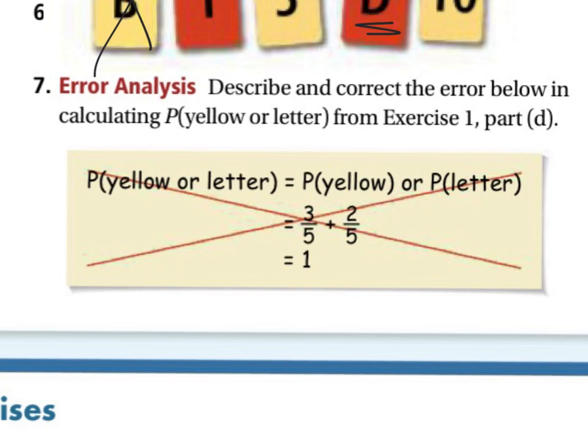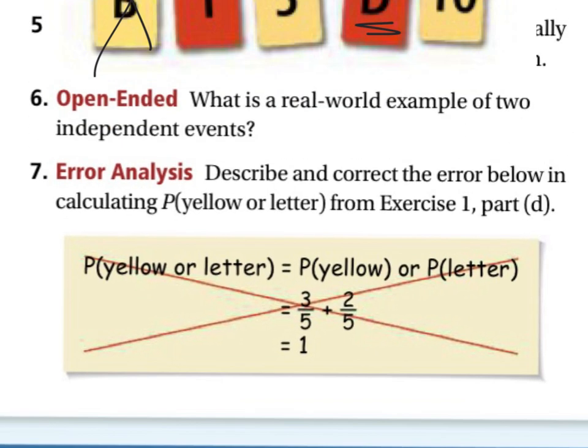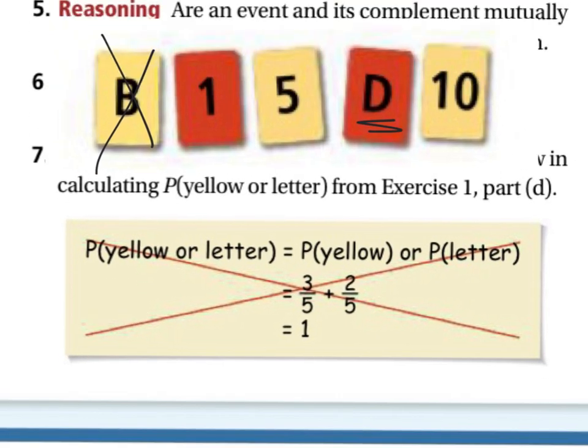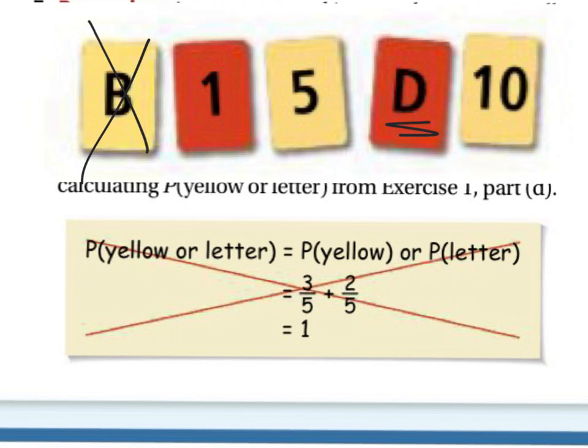So the problem with what they did is that they didn't take out the overlap. So we had the letter B, that was a letter and it was yellow. We can't count it twice. So if they would have subtracted 1/5, that would have been okay. Or like we did earlier, you can just look at all the different options that work and just add them together.